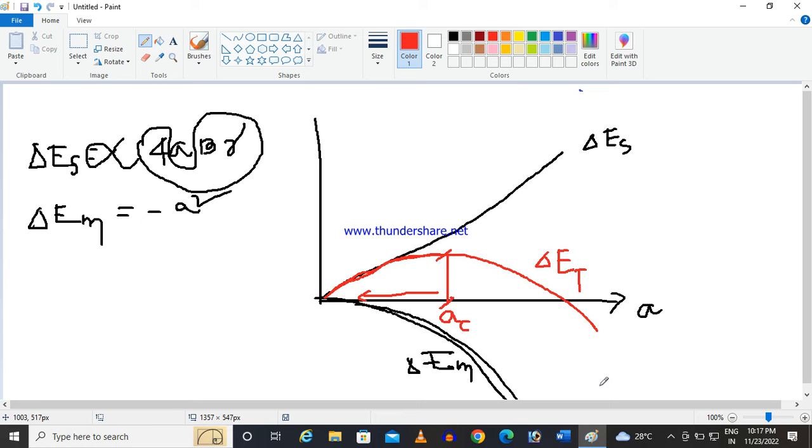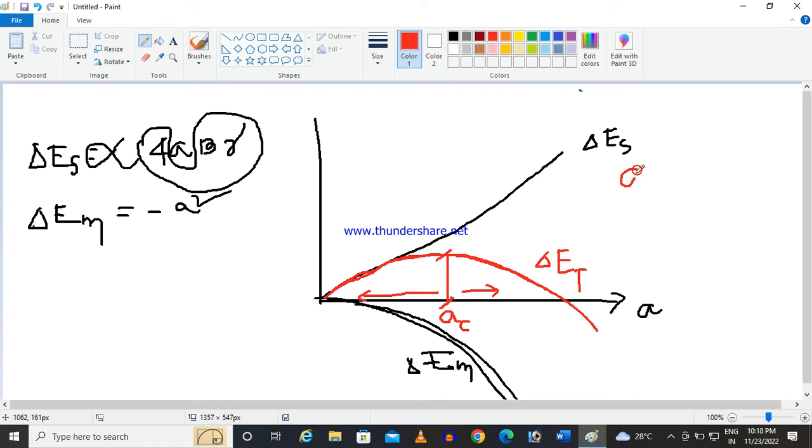So the crack will not propagate. But if the crack length is higher than the critical AC, then what will happen? The total energy is getting decreased. You see, it is getting decreased. When this decreases, how will this energy decrease? The energy is lost due to strain and the work done is taking place. So that means the crack is getting propagated.